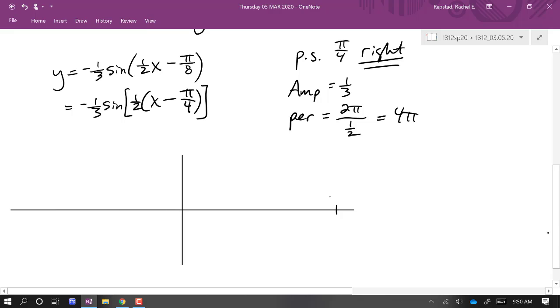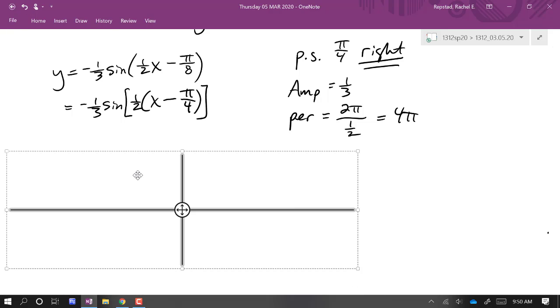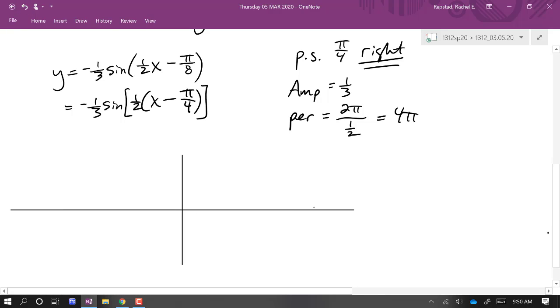So here's, oops, I need to leave enough room to do a phase shift. So let's say there's 4 pi. So this is 2 pi. There's pi and 3 pi. The phase shift is pi over 4, so that's like this amount here.